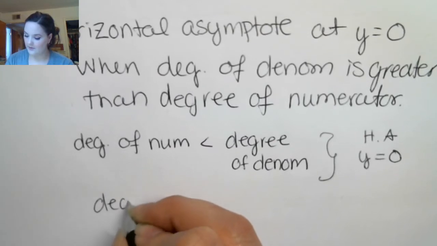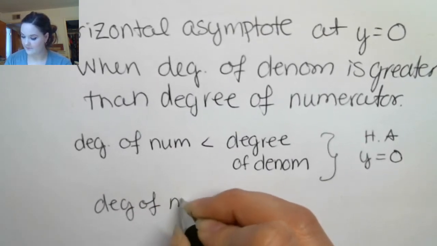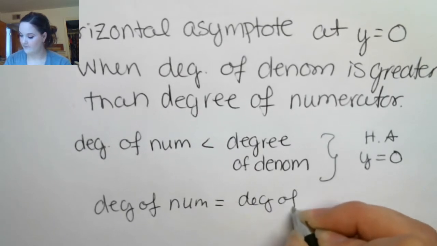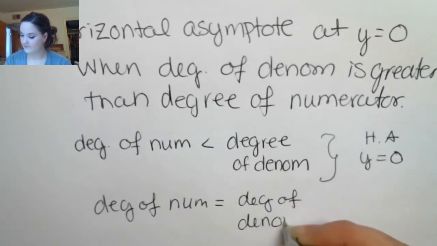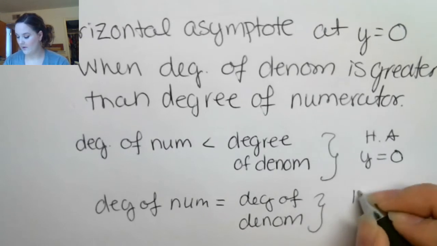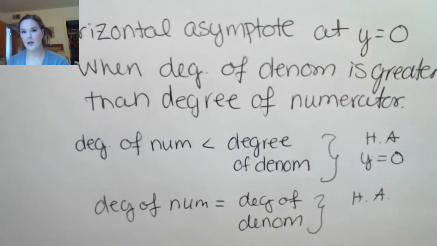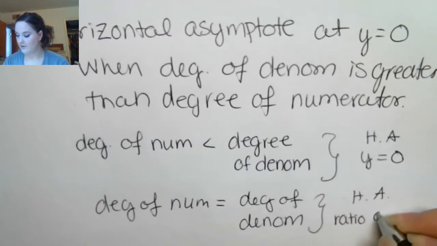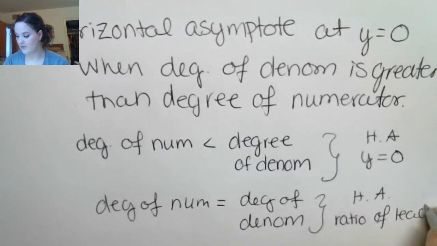Now, if they're equal, okay, then you have a horizontal asymptote, okay, and it's at the ratio of the leading coefficients.